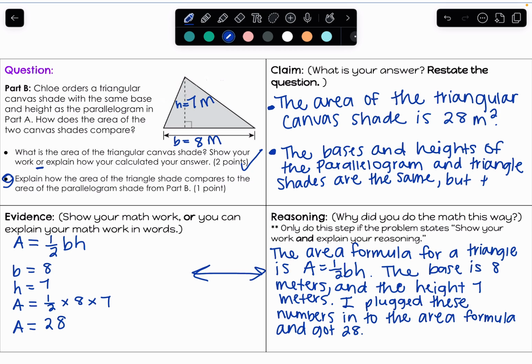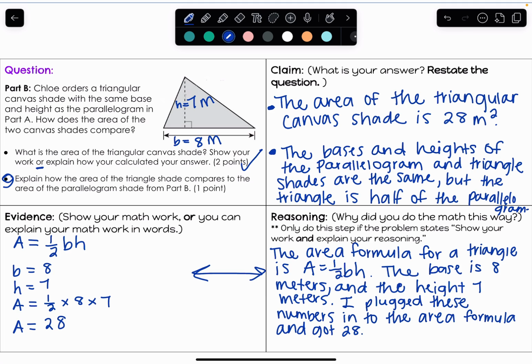But the triangle is half of the parallelogram. I'm running out of room. That says parallelogram. That's it.